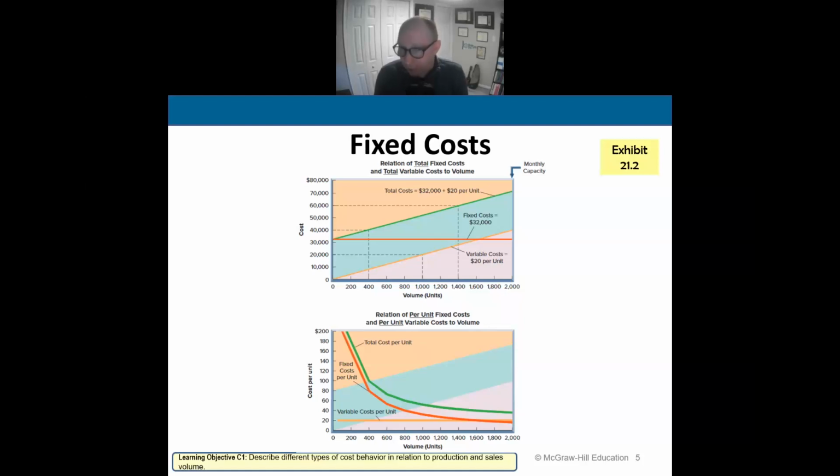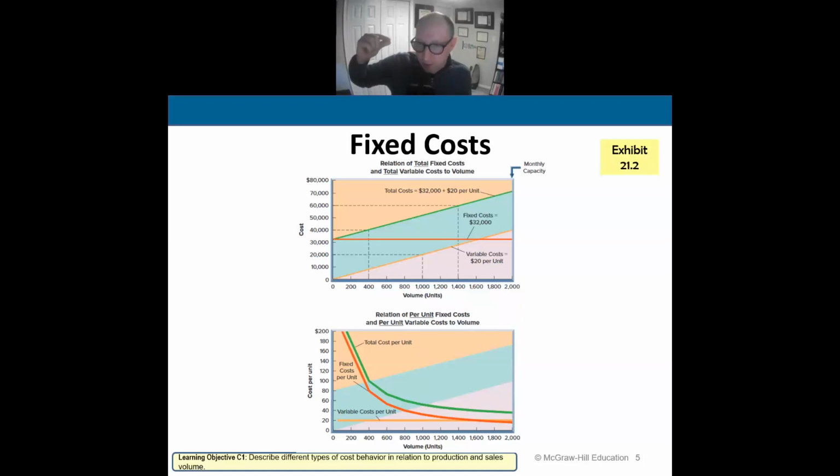My variable costs are $20 per unit. Remember, variable costs are direct materials, direct labor, some factory overhead. They're variable because my direct materials cost rises with the more units I produce.